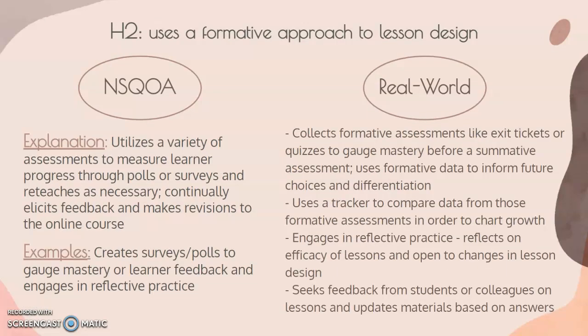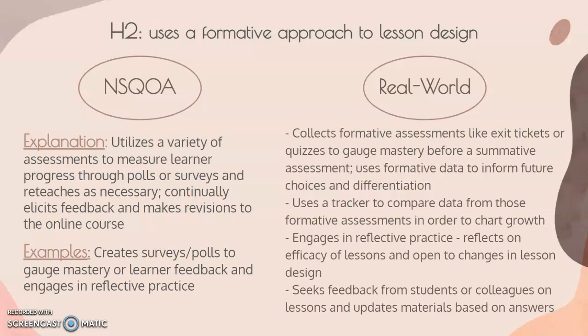H2 is all about using formative approaches. It's about getting data from the students throughout the unit instead of that unit test where we understand whether they learned it or didn't, using online formative assessments. This standard is all about using exit tickets or quizzes.